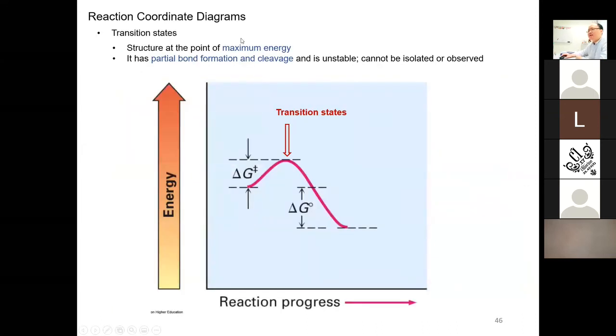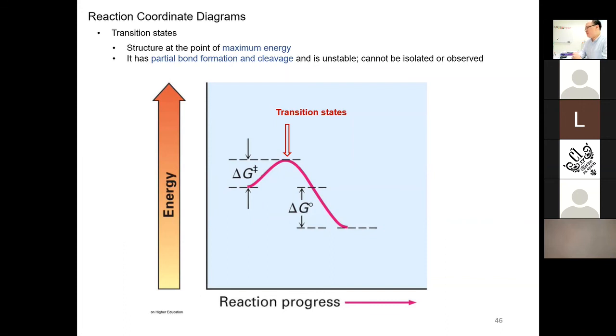Okay, for the transition state I just introduced, I'm going to reinforce the concept here. It's the structure at the point of maximum energy. It has partial bond formation and cleavage, and it's unstable, so it cannot be isolated or observed. As an educated undergraduate in organic chemistry, there's one thing I'm particularly concerned about: when some people tell me, oh, we can isolate the intermediate and we can isolate the transition state.